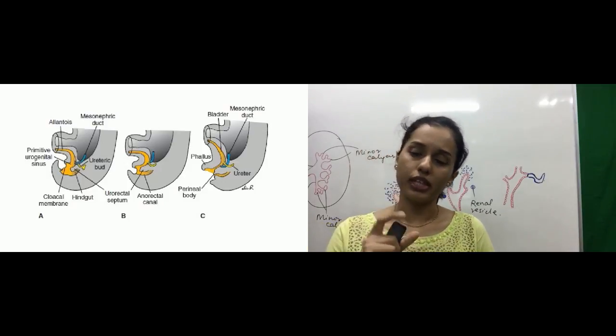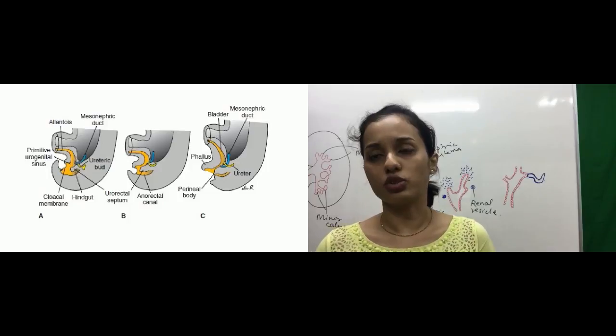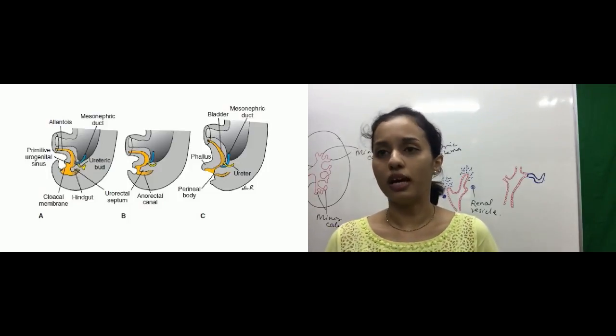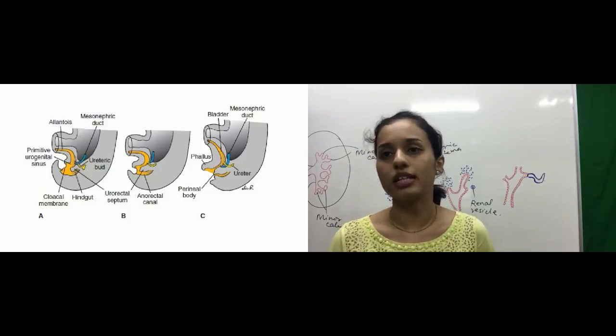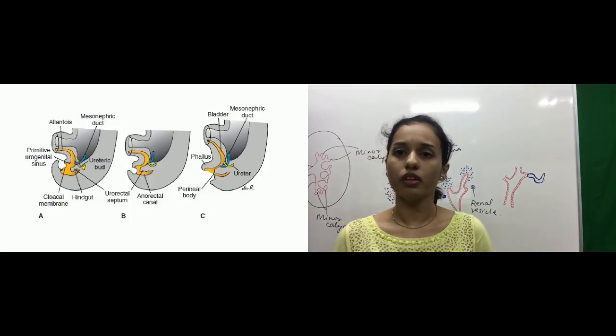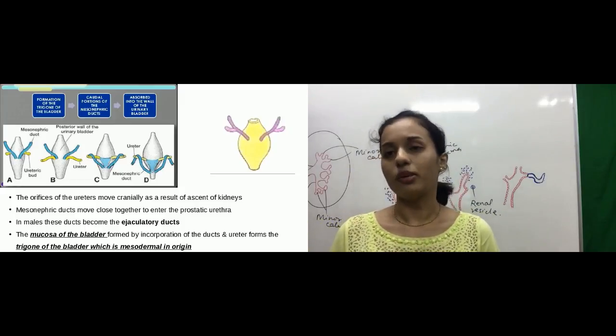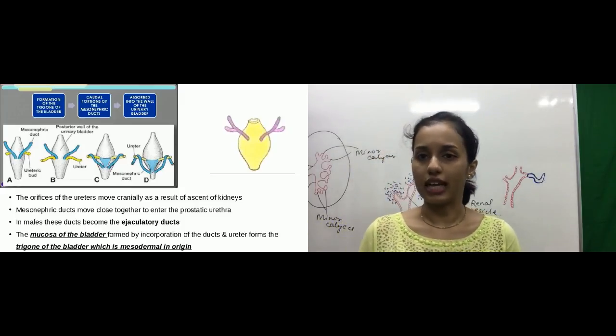Right now we will mainly focus on the upper part, which gives rise to the bladder, and the middle part, which gives rise to the membranous and prostatic parts of the urethra in males. The bladder develops from the upper part of the urogenital sinus.